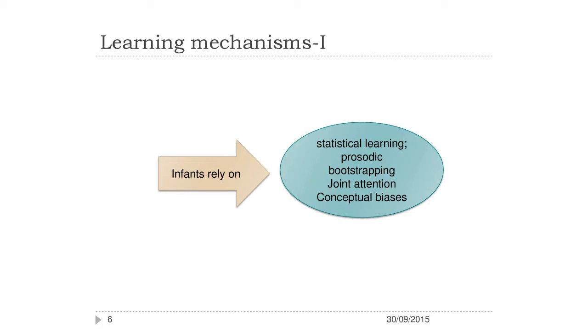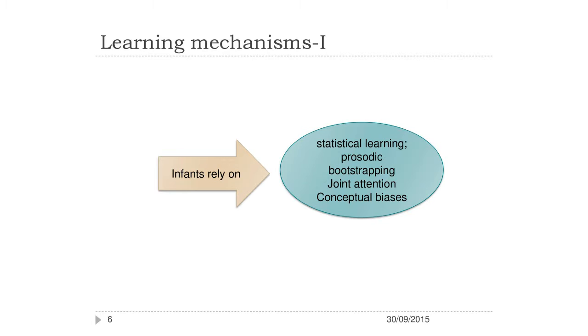We know from a lot of work that they rely extensively on statistical learning, using their perceptual abilities to break out where the word is in the sound stream. They use their social cognitive abilities, attending to what somebody else is attending to, to also help segment the wall of sound. And they also have certain conceptual biases about what words might be.